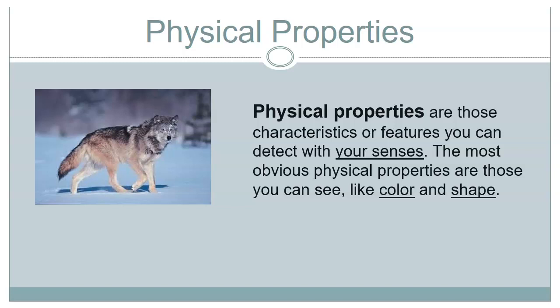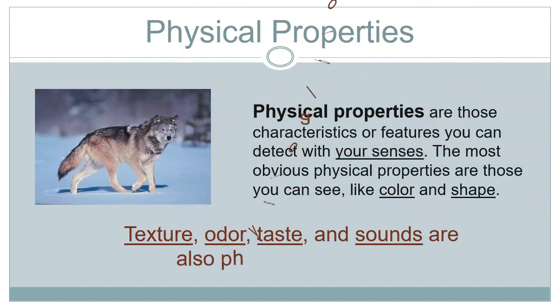It doesn't make a difference as long as you list the different properties that we're about to talk about. So with your senses, you can determine color, you can determine shape. You can also determine things like texture. Is it bumpy? Is it smooth? You can detect odor, taste when appropriate, of course, sounds. All of these are physical properties.